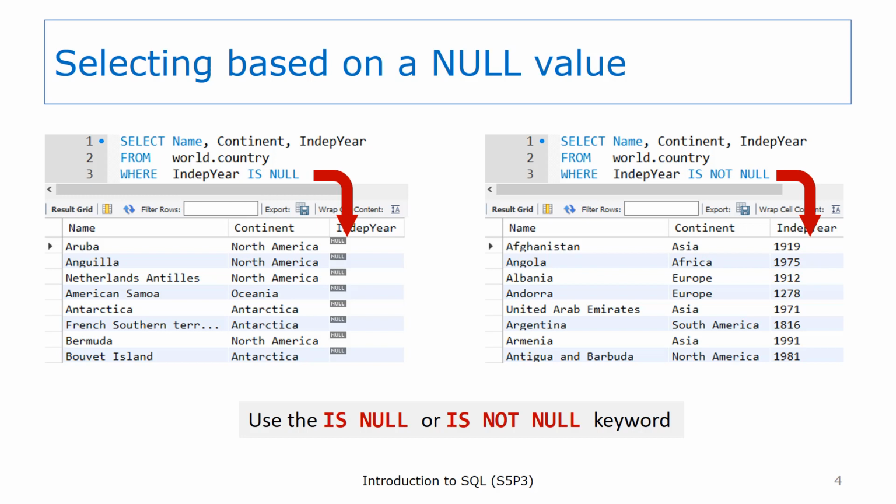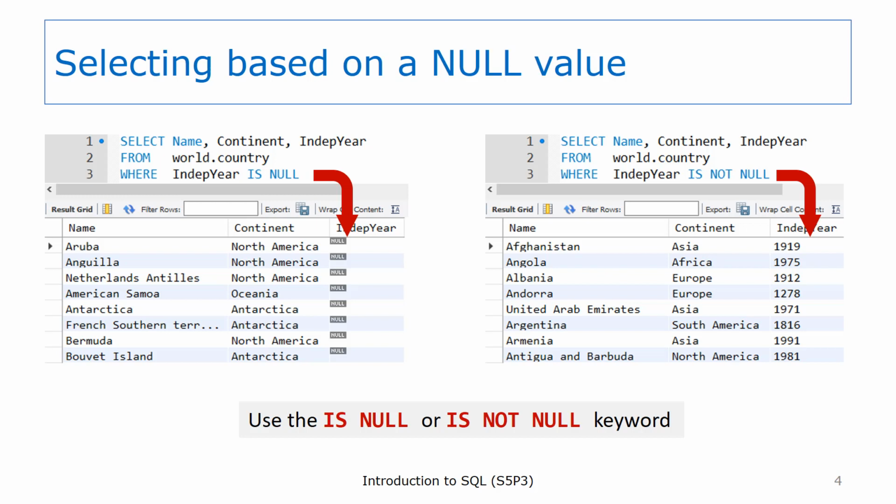Part of the problem of selecting for a null value is the terminology used. We would usually say something like, select a row where the independence year equals null. The problem is in the word equals. It turns out that null is not equal to anything. Strangely enough, null is not even equal to null, so you can't use the equals operator to compare two null values.